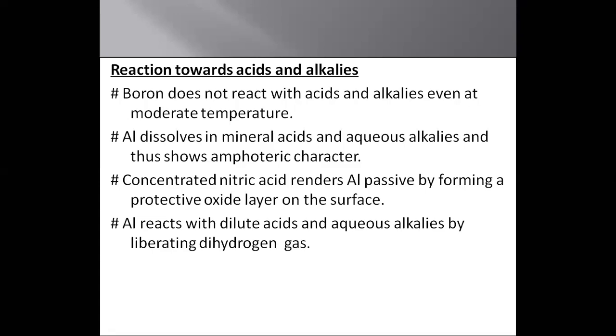But when we talk about concentrated nitric acid, when it reacts with aluminium, it makes it passive. How? As I have said, whenever aluminium reacts with oxygen, an oxide layer is formed on its surface. The same reaction happens with concentrated nitric acid.